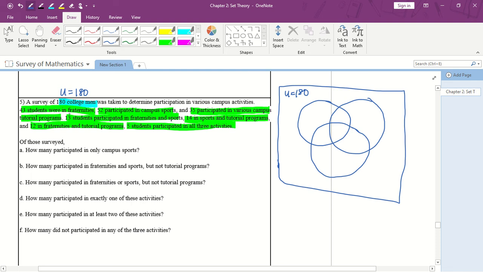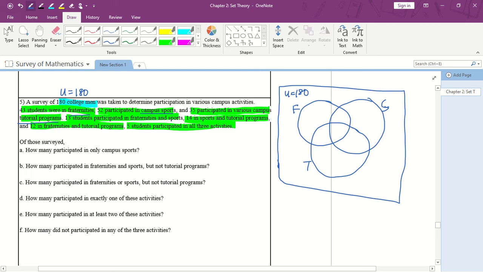Why? Because we first talk about the fraternities, second campus sports, and the third is about the tutorial program. So I will use F, and for campus sports I put S, as sports. And the last one about the tutorials, I put T.